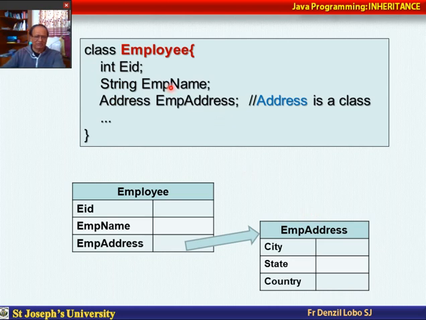So one more example here, employee. Employee has EID, employee name, and address. Address is the employee address here. So this is one more class, and I make a reference to that class here, address, and then use it in the employee class.